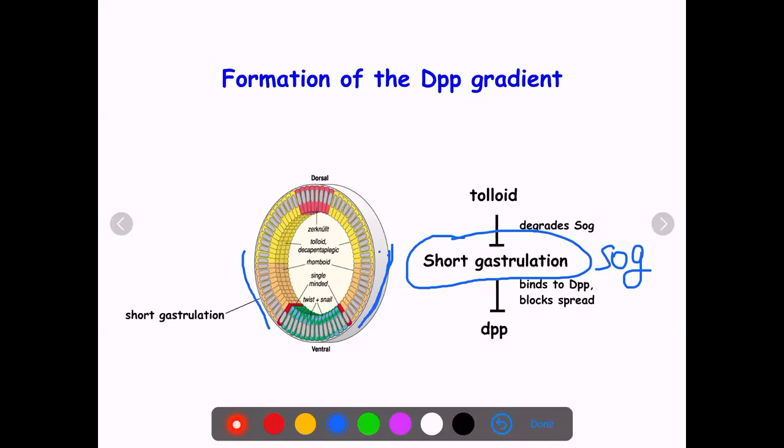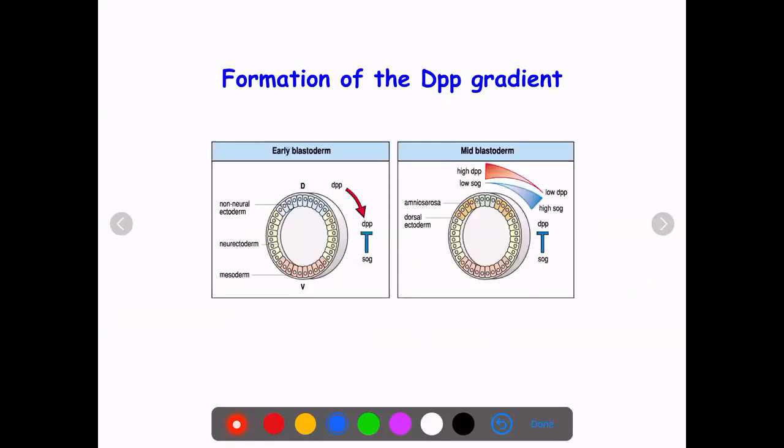So although DPP is produced on the dorsal side and may diffuse down ventrally, SOG is blocking. SOG is blocking the function of DPP.